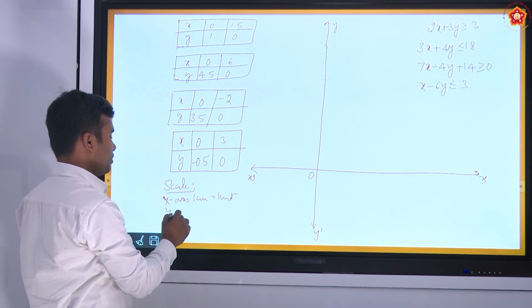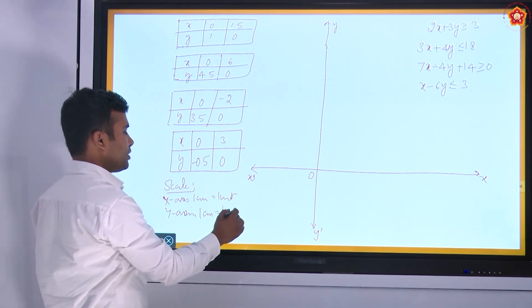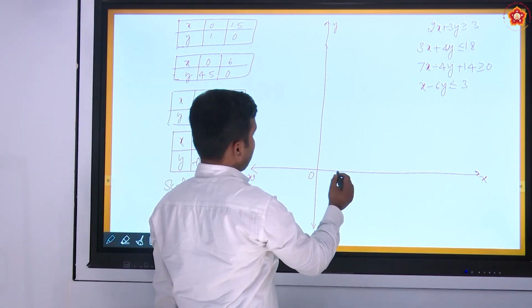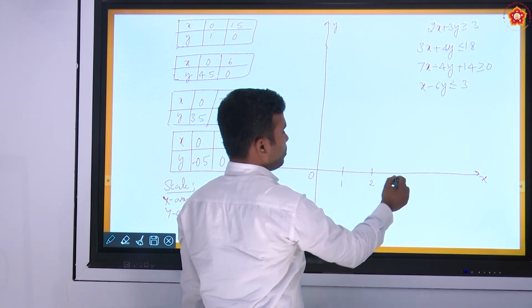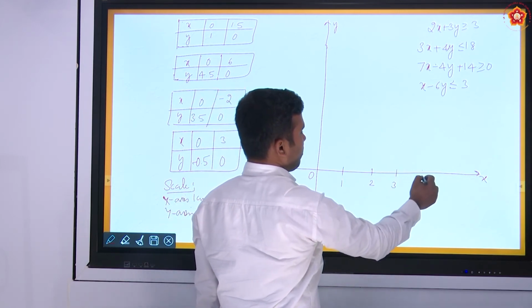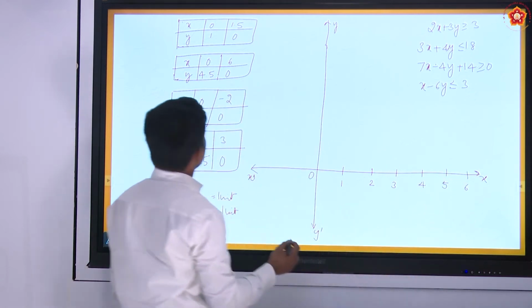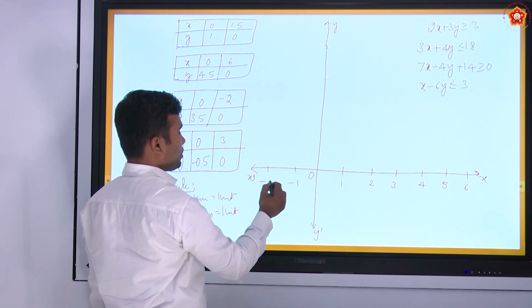And on the y-axis also, in the same way, you can take 1 centimeter is equal to 1 unit. Okay, so here the maximum value for x is 6, that is 1, 2, 3, 4, 5, 6. The minimum value for x is minus 2, that is minus 1, minus 2.